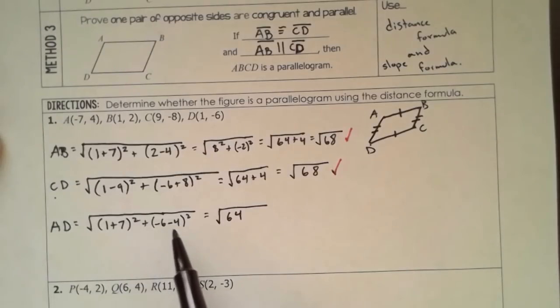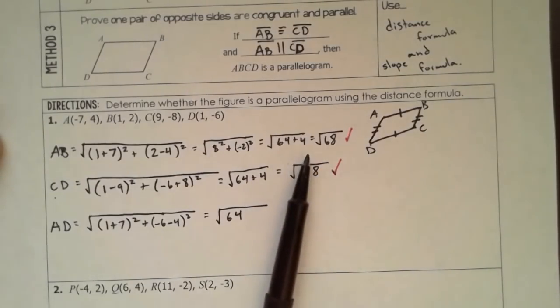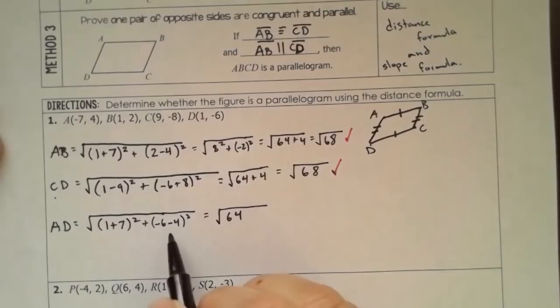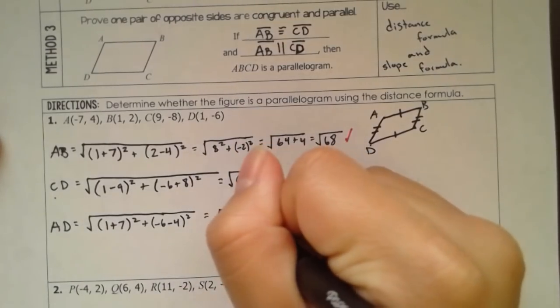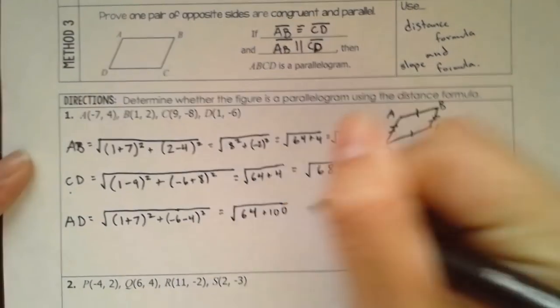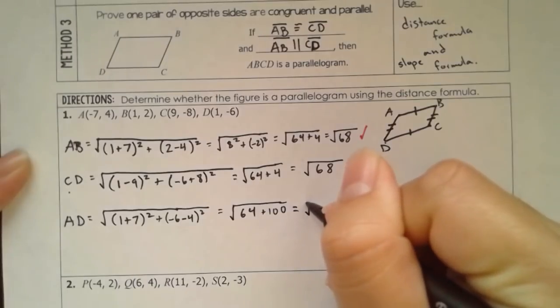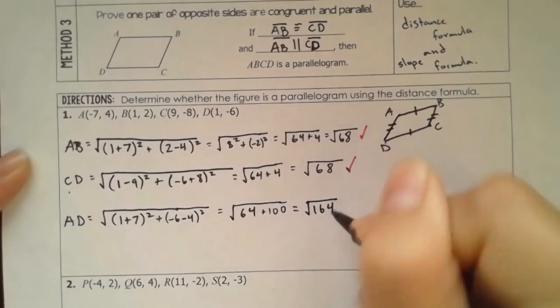Negative 6 minus 4 is negative 10. Negative 10 squared is 100. So plus 100. And this gives me square root of 164.